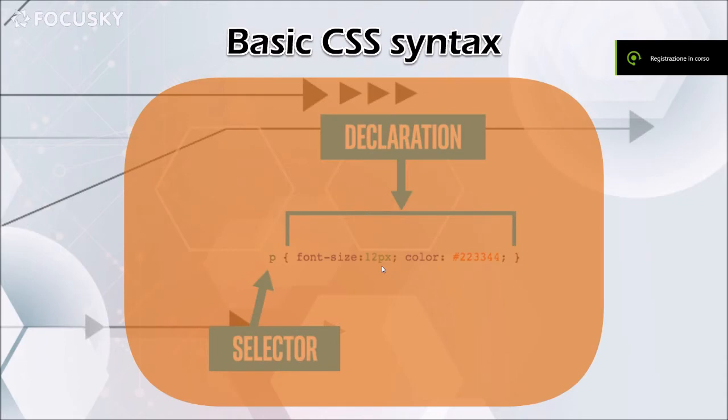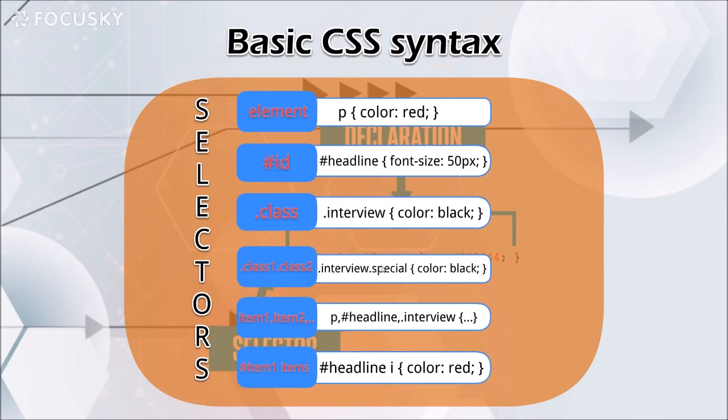Here are a few categories of selectors. First of all, we have the element selector. Every element whose opening and closing tags contain the selector will be affected by the rules. This technique can also be employed to create new elements, even though it's not really good practice. Then we have the ID selector.